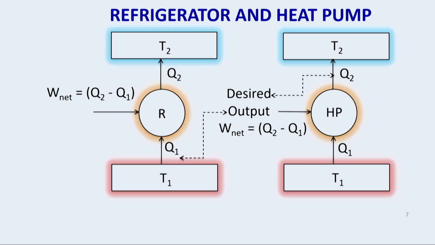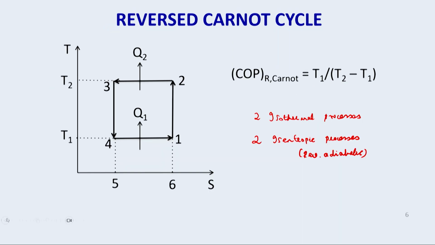So if you go to the previous one, the COP of the reversed Carnot cycle is mentioned as T1 divided by T2 minus T1.